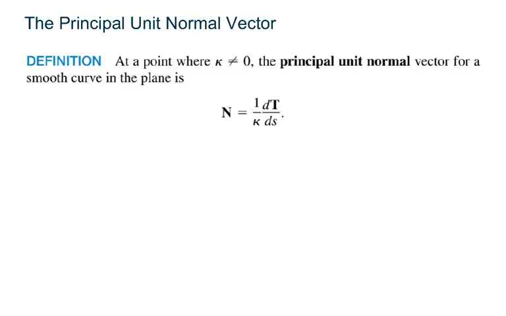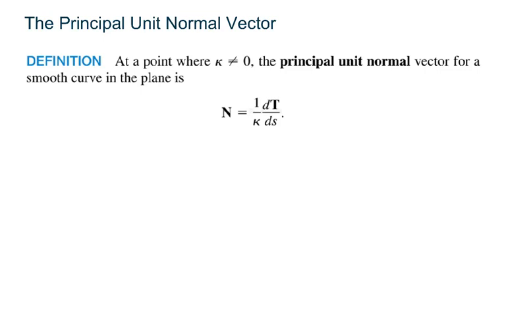Hello friends, in this video we're going to talk about the principal unit normal vector. In previous videos we have also talked about a unit tangent vector, and we use the unit tangent vector in a calculation for curvature.